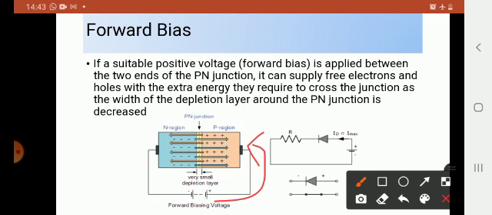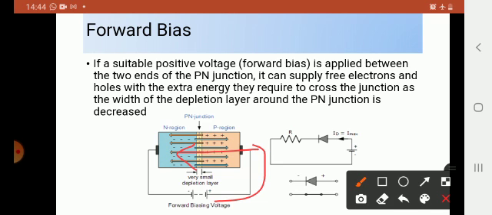So the positive terminal is going to push these holes, because plus and plus repel each other, and negative and negative repel each other. So they will move from p-type to n-type. In this way, electrons and holes will diffuse, the depletion layer will reduce, and hence the flow of electrons will become possible at that stage.